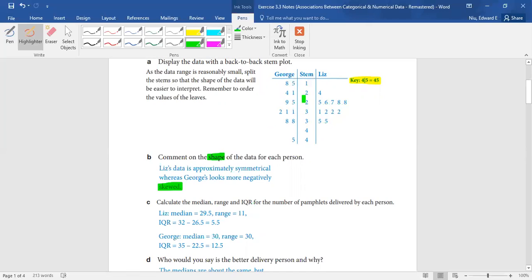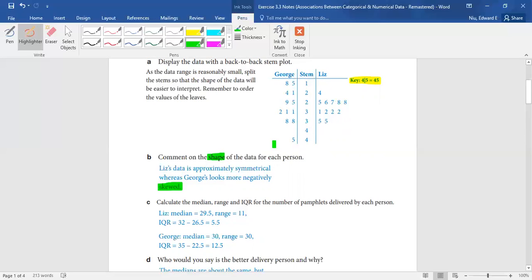One thing I forgot to mention in A is they've split each ten into top half and bottom half, meaning you've got 20 to 24, 25 to 29, 30 to 34 in this row, and 35 to 39 in this row, and so on and so forth.